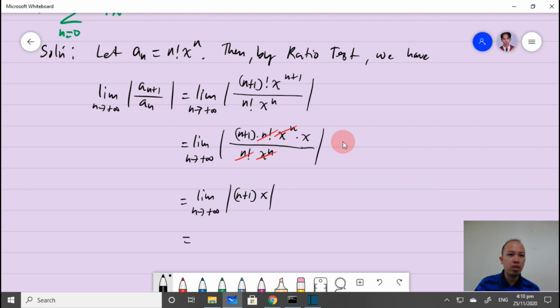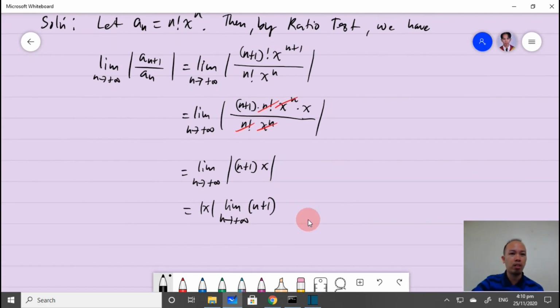Okay, by the definition of the absolute value, you can factor out the absolute value of x here, because as you can see, the limit is in n. We will disregard the absolute value symbol for n plus 1 because our n starts from 1.